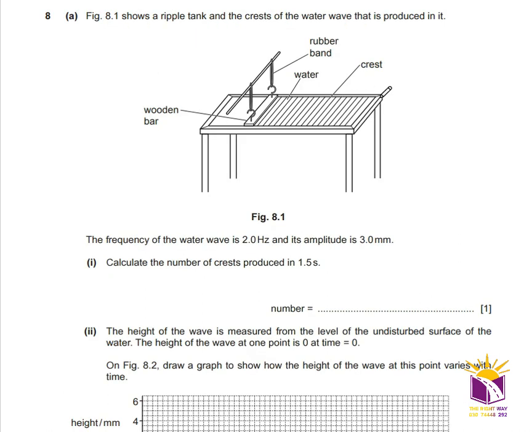Question number 8, 8.1. Figure shows a ripple tank and the crest of the water wave that is produced in it. The frequency of the water wave is 2 Hz and its amplitude is 3 mm. Calculate the number of crests produced in 1.5 seconds. From the frequency, I can calculate the time period. T is equal to 1 over f, and the time period is equal to 1 over 2 is equal to 0.5 seconds.